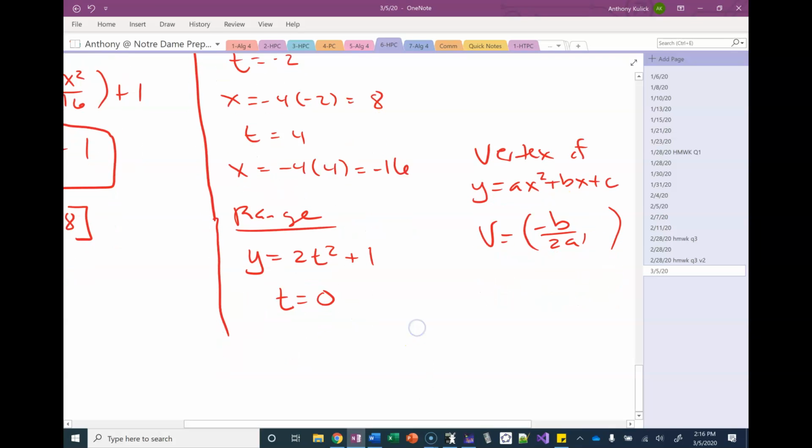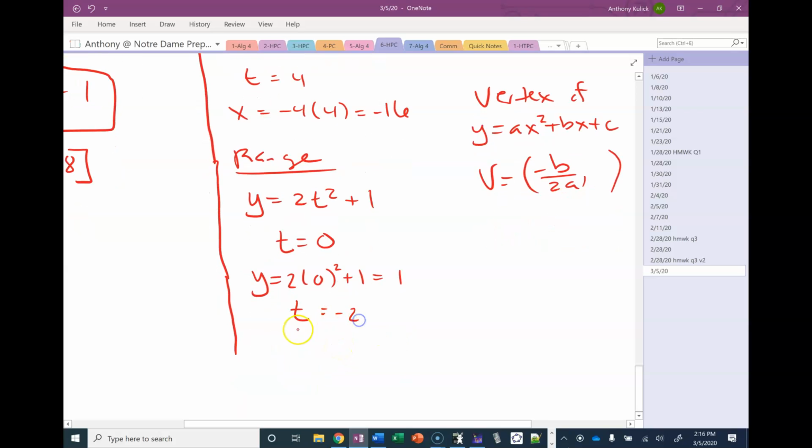Okay? So we need to check that value. And we also need to check the other 2 endpoints of our interval.